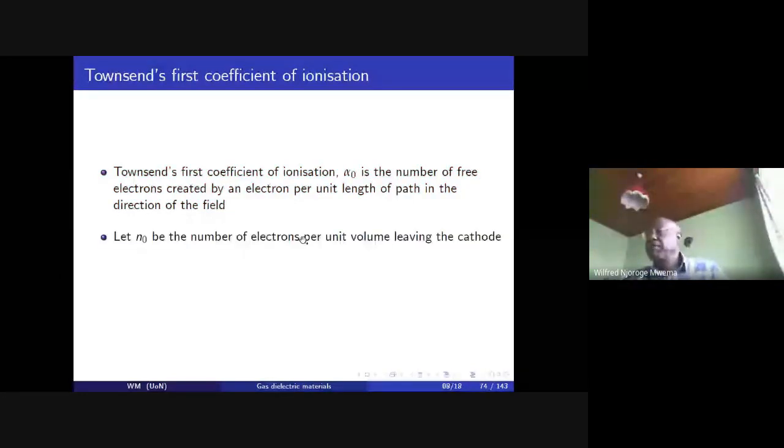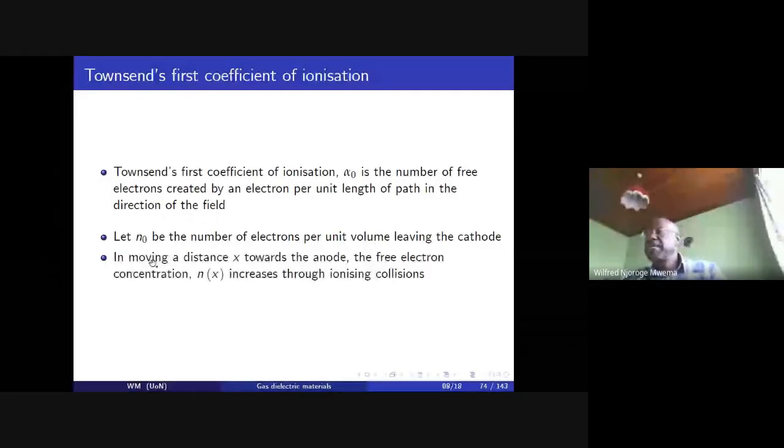So suppose n naught is the number of electrons per unit volume that are leaving the cathode. In moving a distance x towards the anode, we expect that these free electrons, if they have sufficient kinetic energies, will cause the n(x) at that position x to be increased through ionizing collisions.